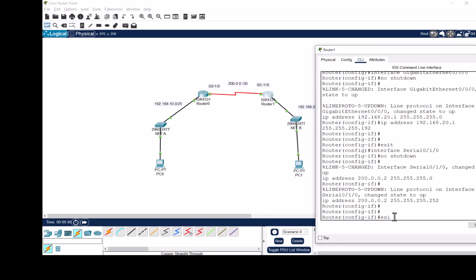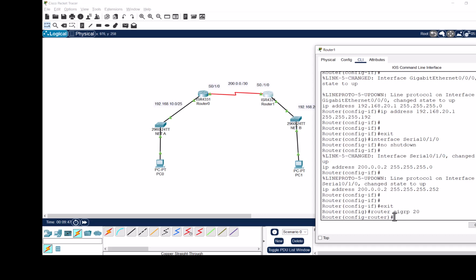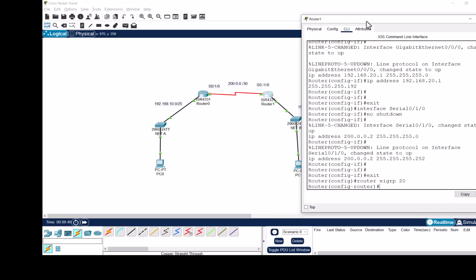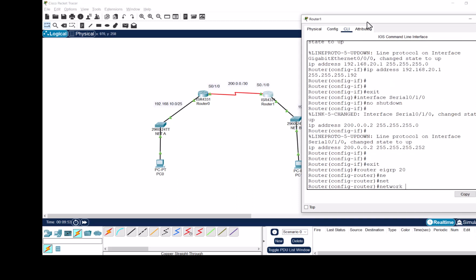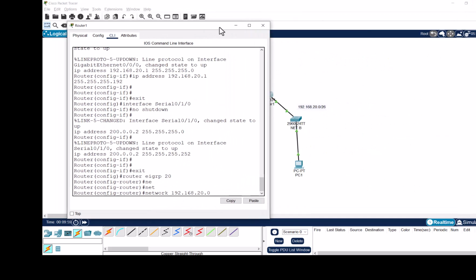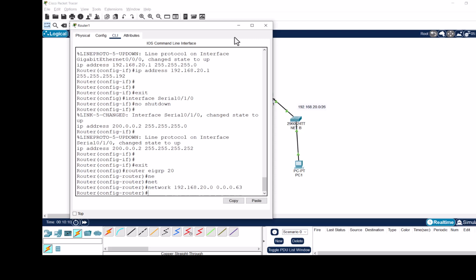So let us just do exit. Router EIGRP must be 20, exactly the same number I used there. So what are the two networks here? Network 192.168.20.0, and the subnet mask is 192, so the wildcard should be 0.0.0.63 to make it 255.